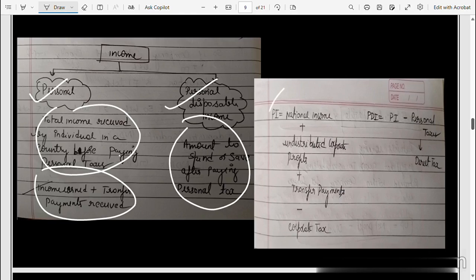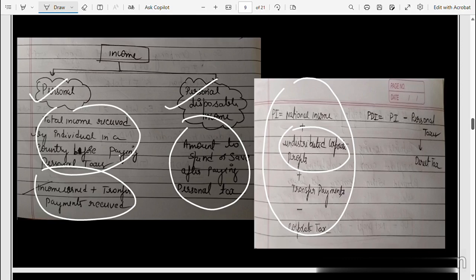So the formula is: personal income is equal to national income plus undistributed corporate profits. This is the whole amount before distributing to the workers. Imagine you are a factory owner and you earn a profit. That profit is considered before dividing it among your employees.